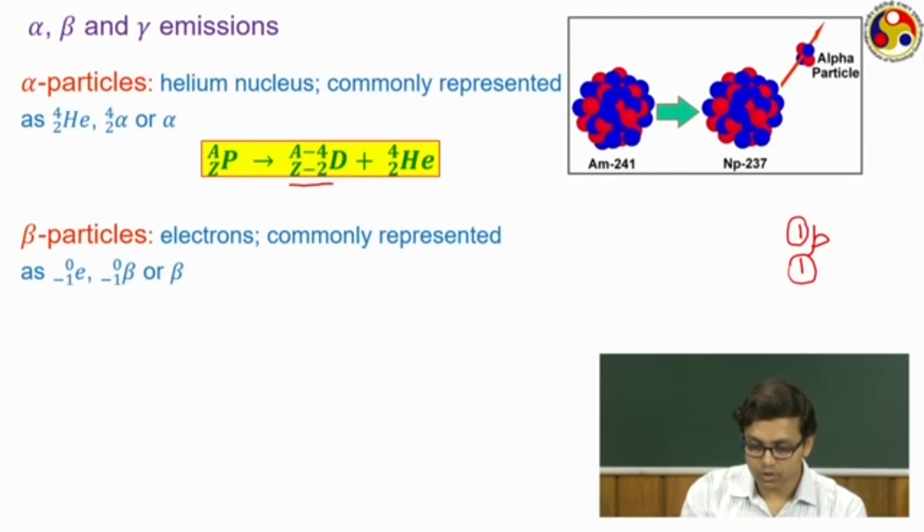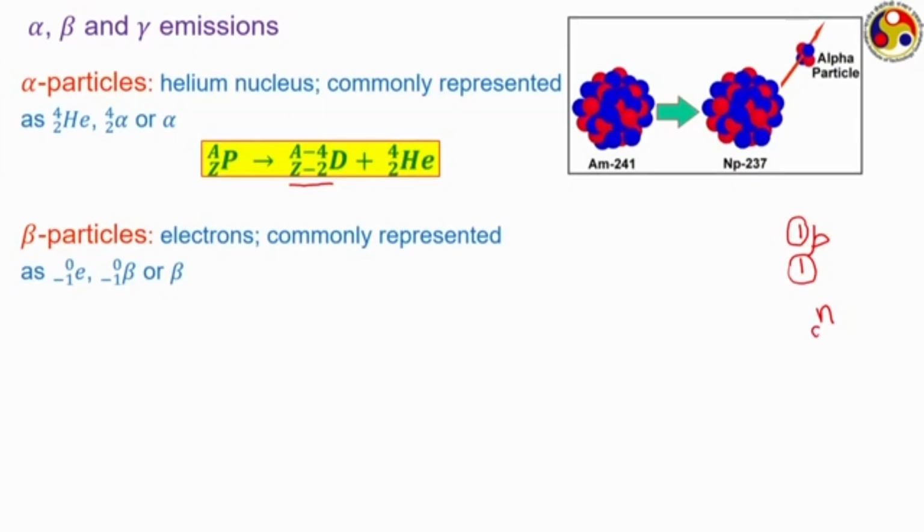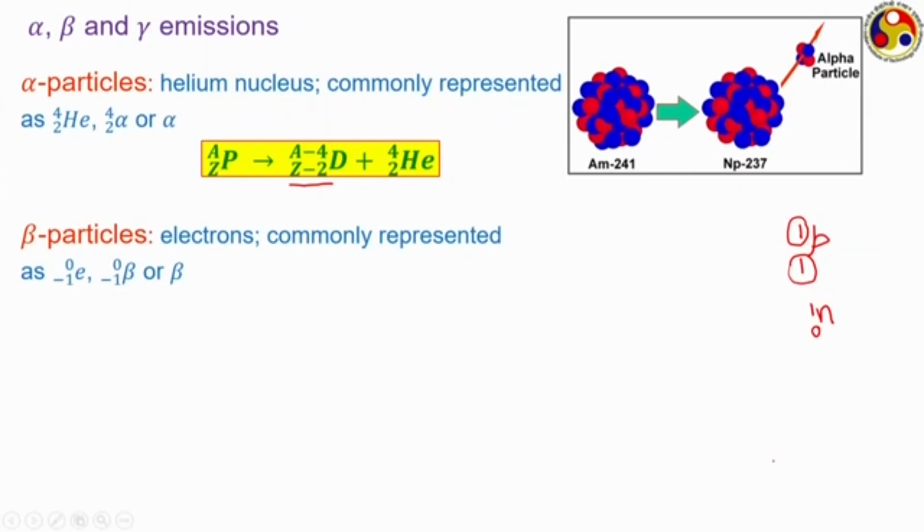If we follow the same convention for neutron, now we know that a neutron is also having a mass of about 1 AMU, but it is neutral. So, neutron is represented by a 0 in here and a mass of 1 here. And for an electron, electron is having 1 unit of negative charge.